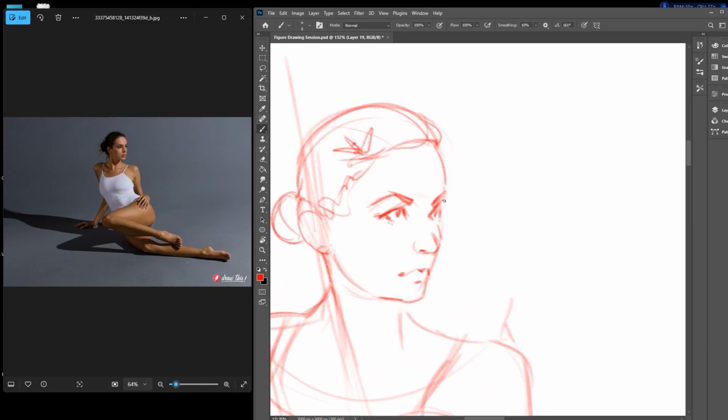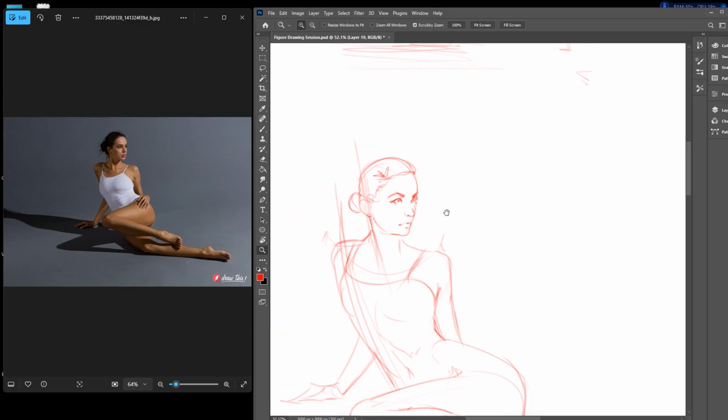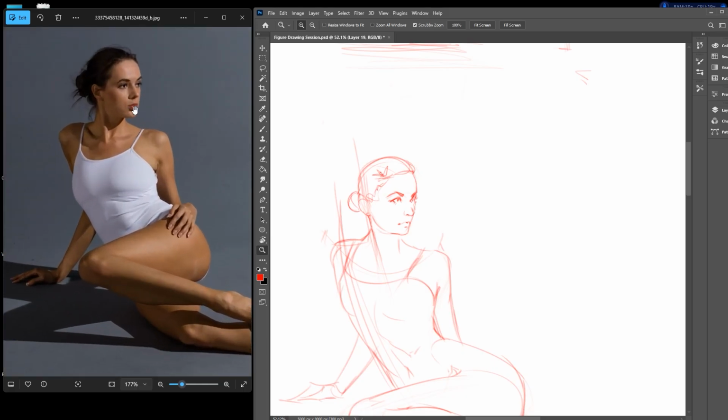You are drawing, however, somehow it just doesn't look like the picture. Okay, so what might be the reason? Let me give you some tips on portraits.